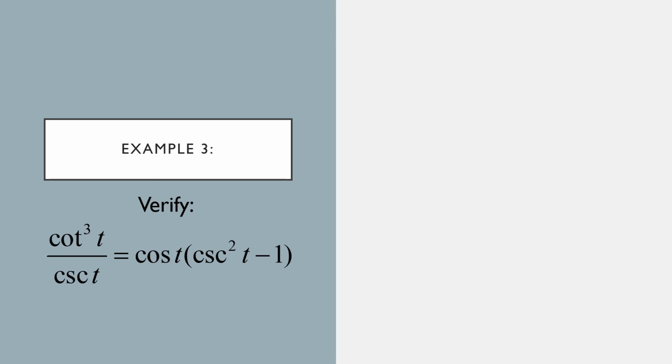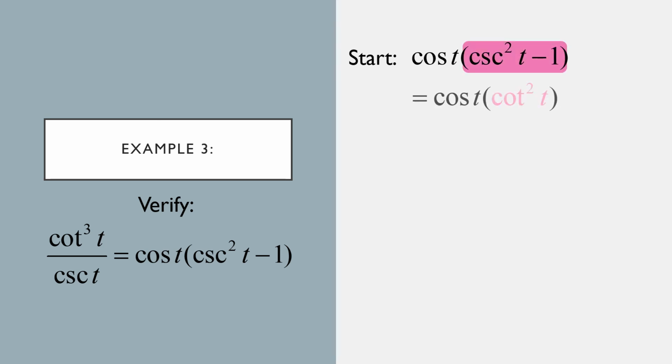What if we took that same identity and we started with the right side? I have an interesting little strategy that we may or may not have used before, but it's good to know. I'm going to start with a Pythagorean substitution. But notice on the other side of the identity, I want cotangent cubed.